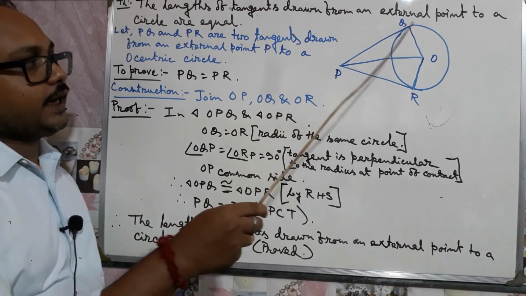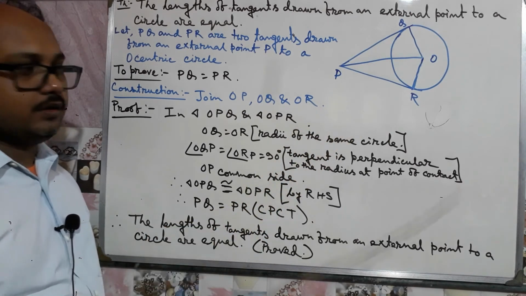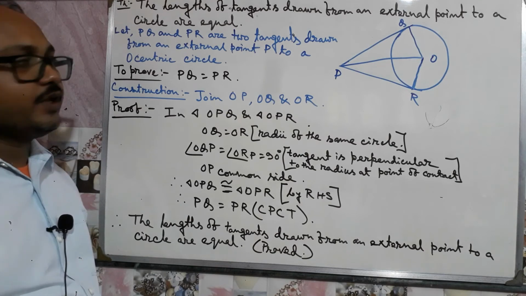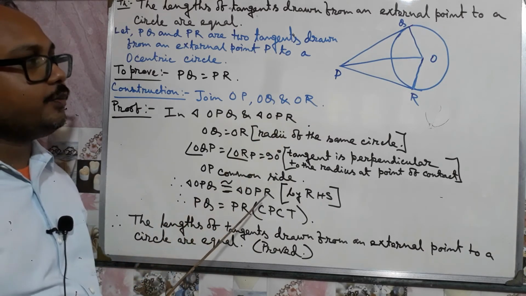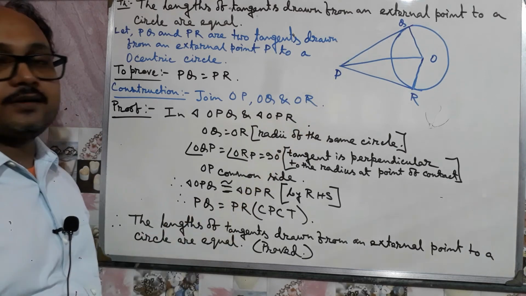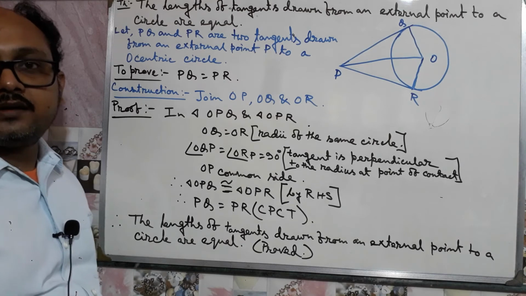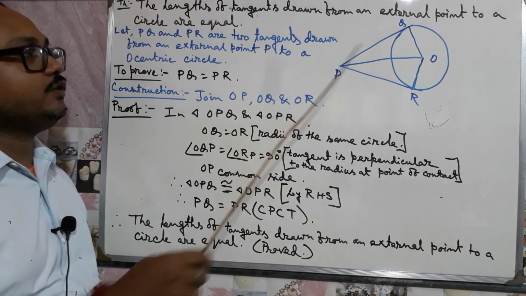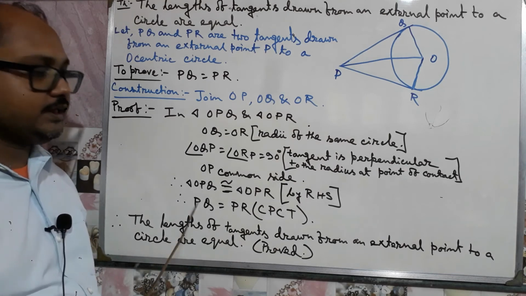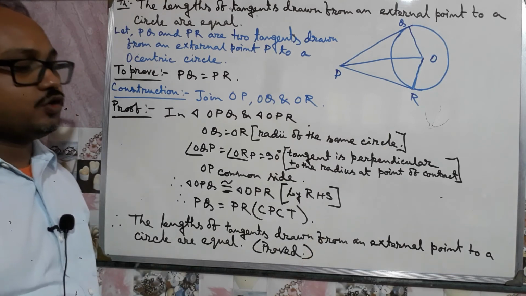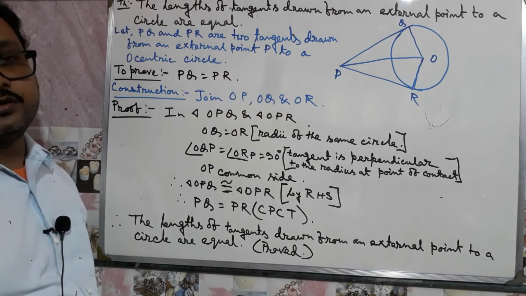So, by the right angle hypotenuse side criteria, these two triangles are congruent, triangle OPQ congruent to triangle OPR. As these two triangles are congruent, their corresponding parts are equal, that is PQ is equal to PR. These two are corresponding sides, that is, the lengths of the tangents drawn from an external point to a circle are equal. It is proved.